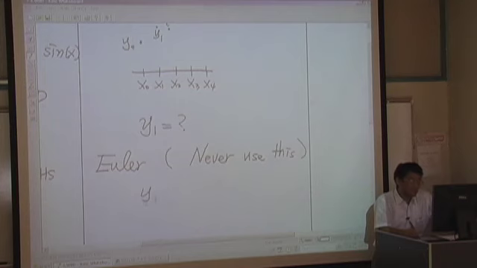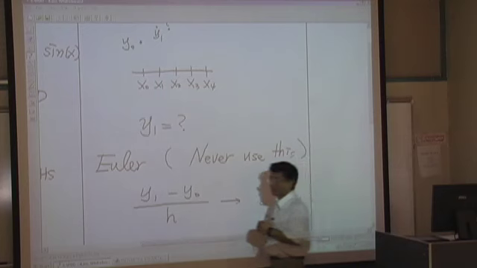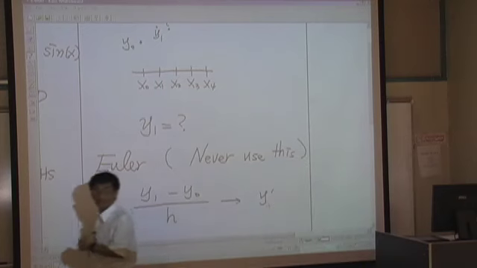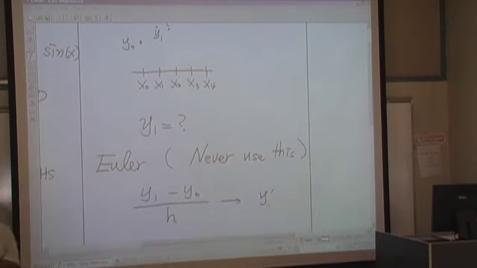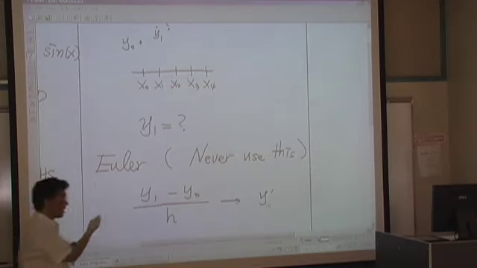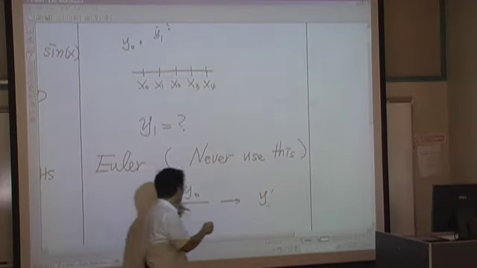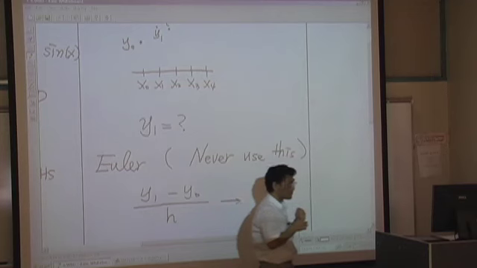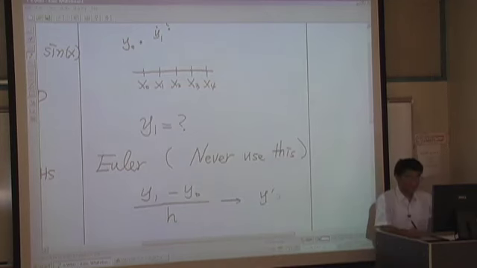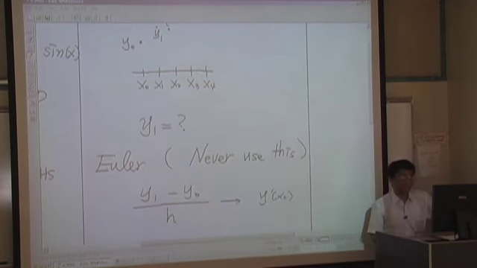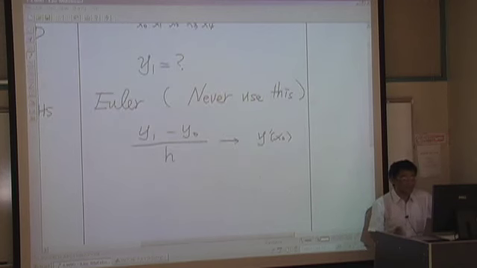Euler considered this thing, y1 minus y0 divided by h goes to the derivative of y, right? This is Euler's approach. You follow me? The derivative definition. y1 minus y0 over h is y derivative at the point close to x0, right? Roughly x0, right? So from this, can you solve this for y1?